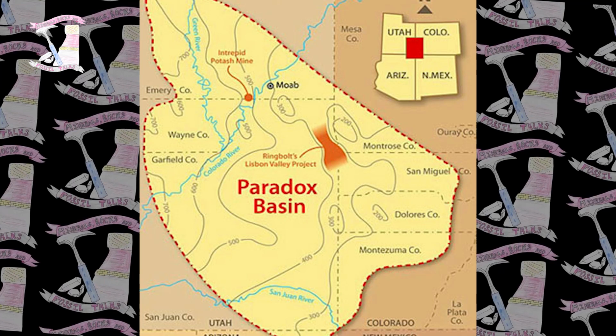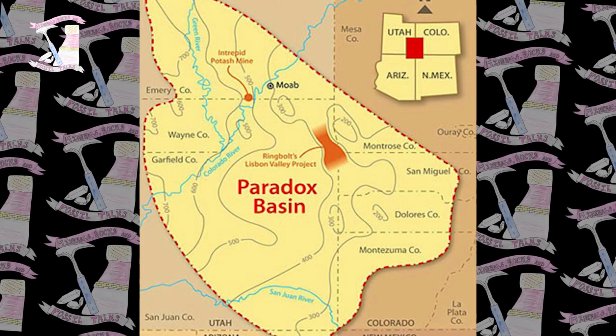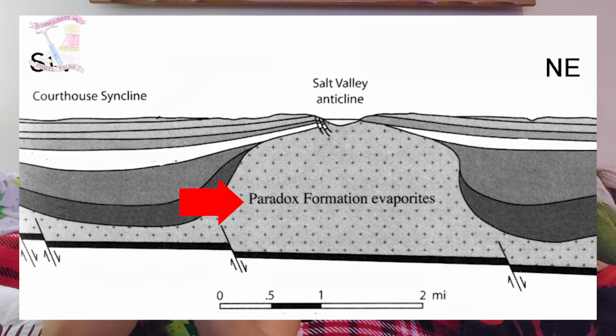In southern Utah, there's a place called the Paradox Basin that kind of overlaps into Colorado. Crosses over into Colorado. This Paradox Basin has been given this name because in the center of this basin are these domes.